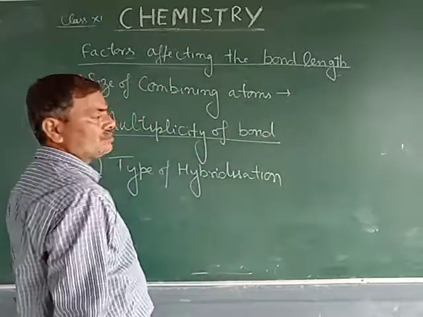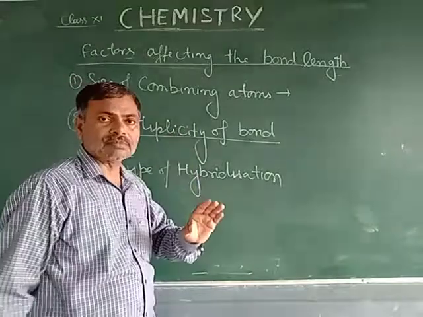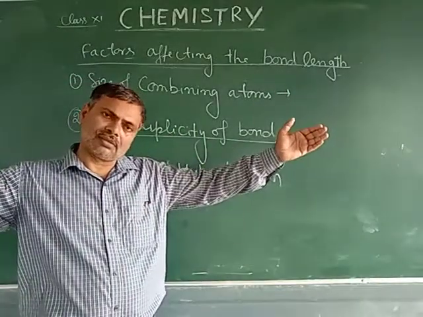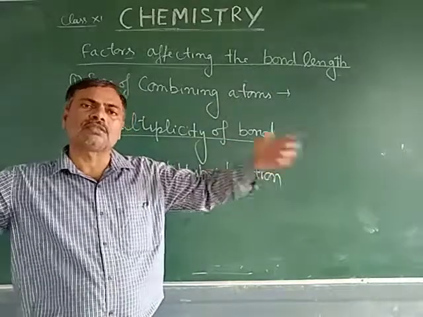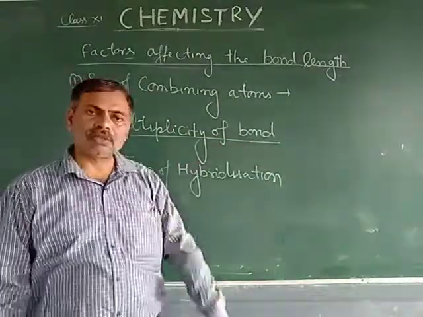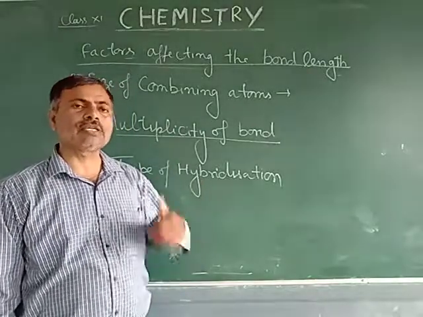Repeating again. Size of combining atom: if the size of the atom is large, bond length will be more. Multiplicity of the bond: single covalent bond, double covalent bond, triple covalent bond.